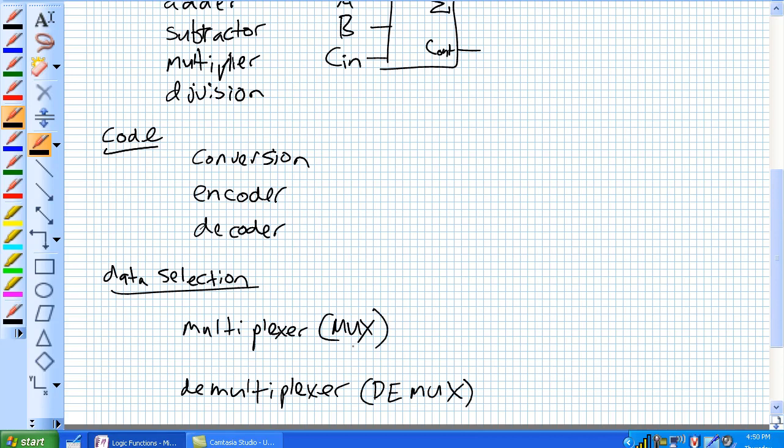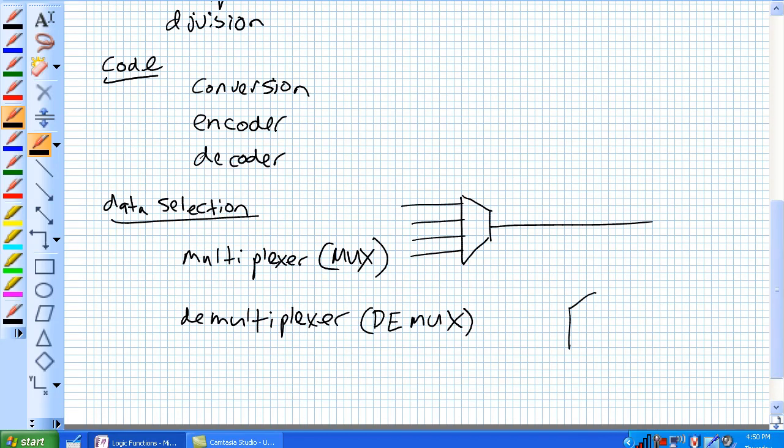All these guys are switches. A multiplexer's symbol is this funnel-shaped thing, and that's exactly what it's doing. It's funneling multiple inputs to a single output. And a demultiplexer is the exact opposite.